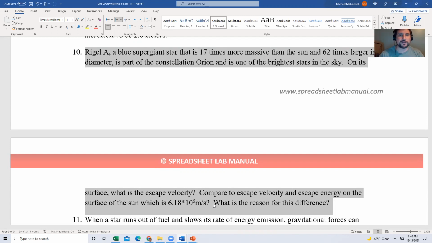It creates a bigger separation between an object on its surface, if there was a surface, and its center, which the distance in the universal gravitation equation is squared. So being farther away from the center of Regal A, the effect of that increased distance is the reason why the escape velocity is smaller.